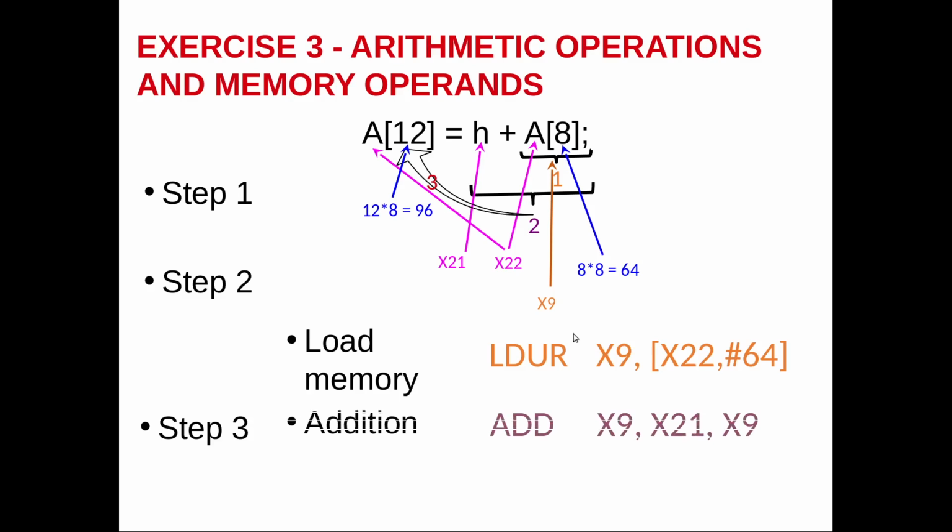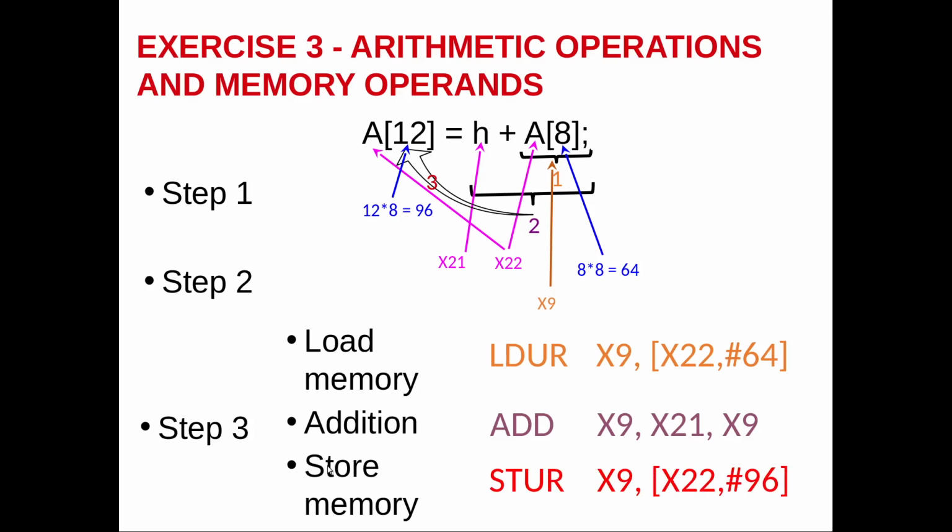And then the addition will occur, in which we use the instruction ADD X9, X21 and X9, which means that the value inside X9 will be replaced by the value of X21 plus the old value of X9.